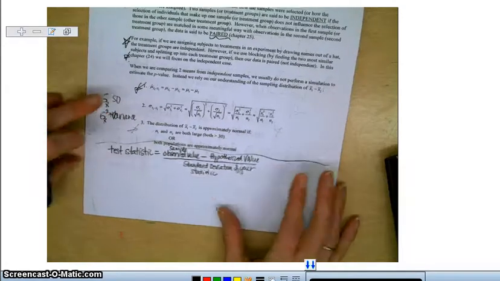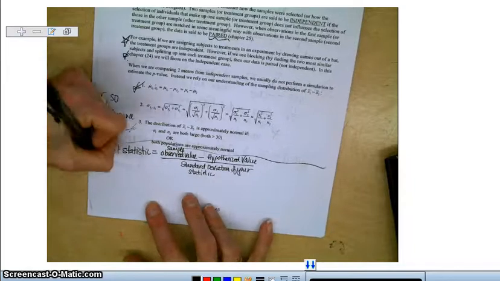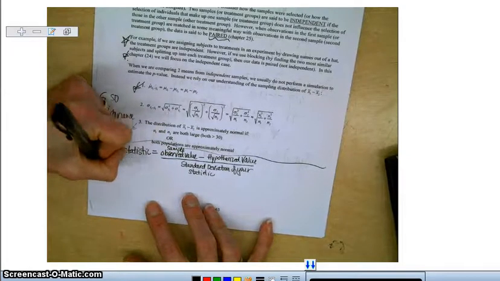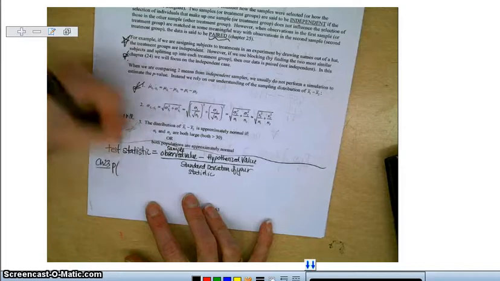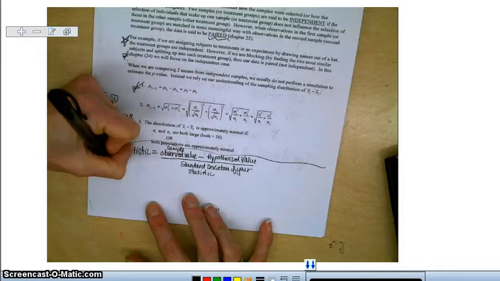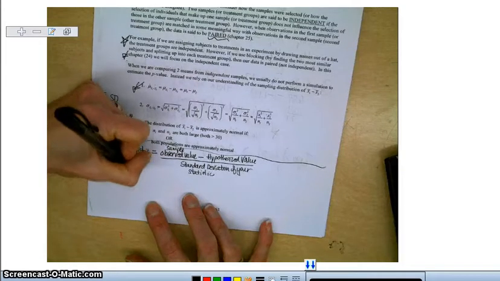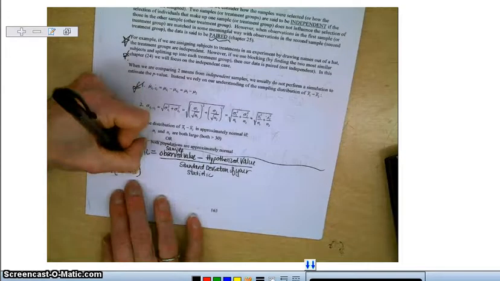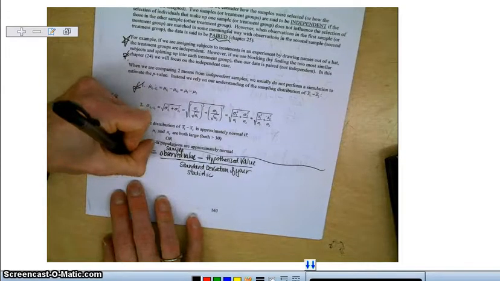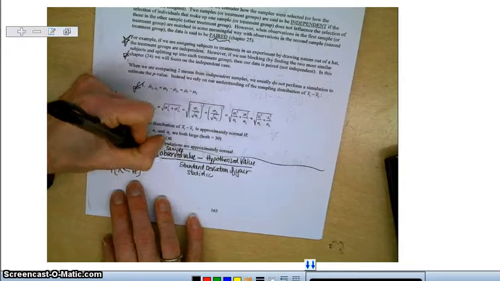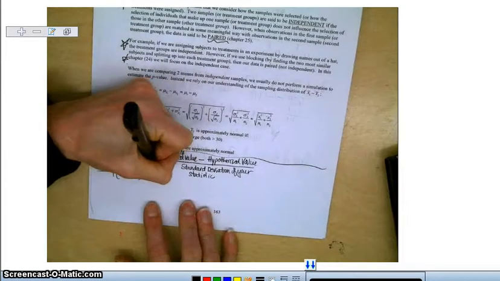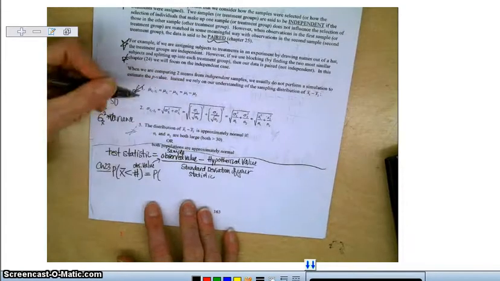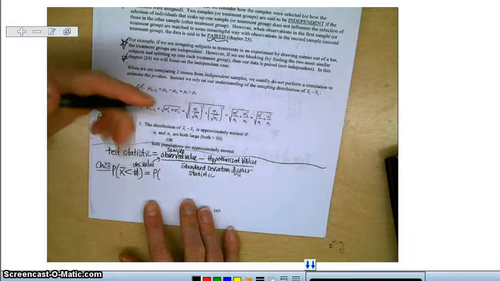So what we had been doing, this is back in chapter 23, hypothesis test for a single mean, we would have had our probability statement be the probability that our mean is less than some sample value. This is your observed value. Okay, that same one that's going to go here in your formula. And you translate that into a t-value. When you're dealing with means, you use the t-distribution.